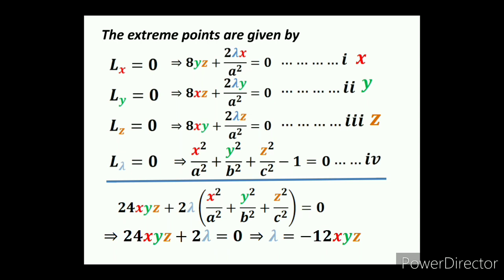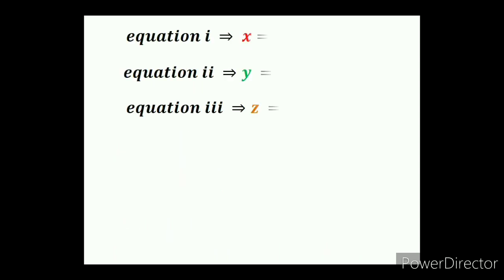Replacing this expression of λ in equations 1, 2 and 3, we get x = a/√3, y = b/√3 and z = c/√3 respectively. So, the extreme point for the function V(x, y, z) is (a/√3, b/√3, c/√3).